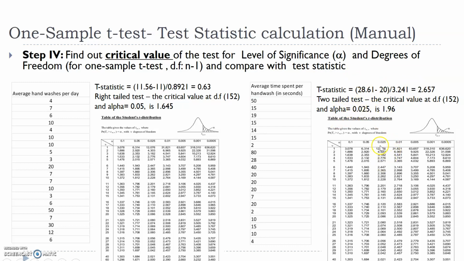So whenever I want to find a critical value in a two-tail test, I have to check the number at alpha by 2. If I go there and find a number at degrees of freedom 152, it will be close to 1.96. That is something you need to remember: in a one tail test, check the critical value at alpha. In a two tail test, check the number at alpha by 2.